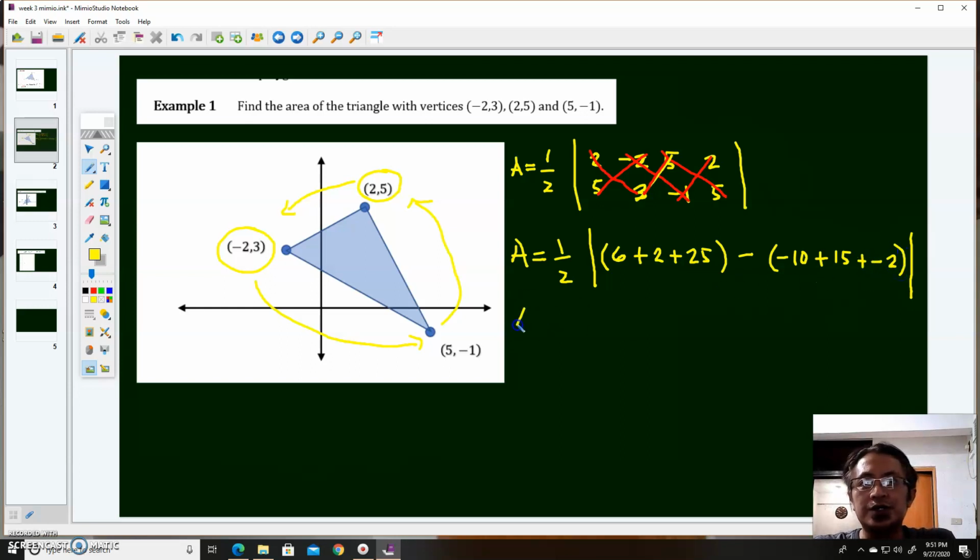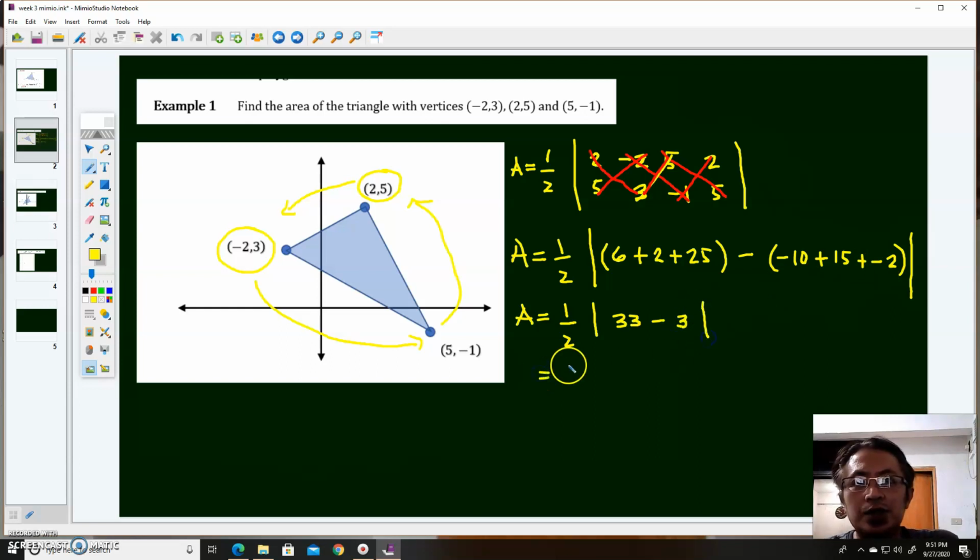So all we need to do is just simplify this expression. Absolute value, 6 plus 2 plus 25 would be 33. Minus, this is a negative 10 plus 15 is a positive 5, minus 2, that's 3. A positive 3, so it's a minus positive 3.